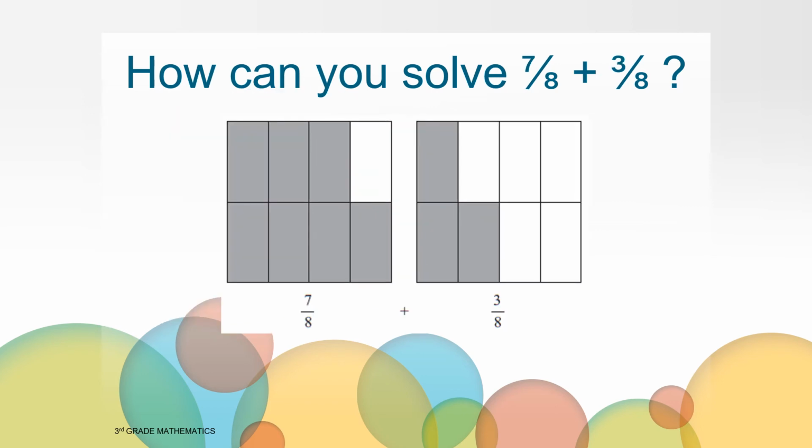Take a moment to figure out how you might solve 7/8 plus 3/8. How can you use what you already know about 1/8 plus 7/8 equals 1 whole to help you solve this problem?